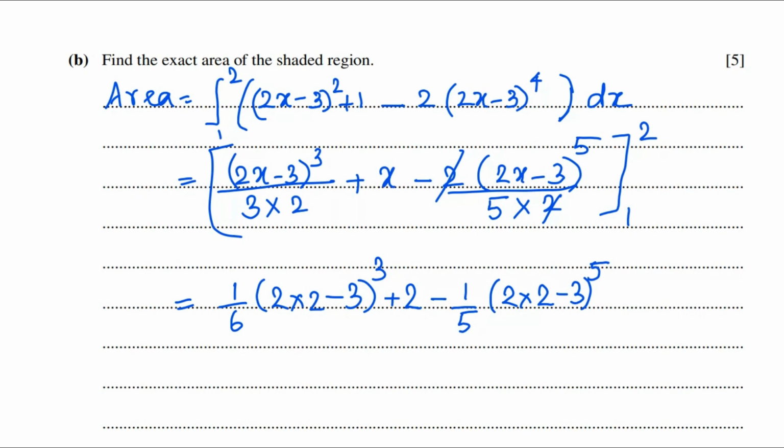Then let's substitute the lower limit, minus [2 times (1 minus 3) the whole cube divided by 6 minus 1, then minus into minus, it will become plus 1 over 5 times (2 times 1 minus 3) the whole power 5].